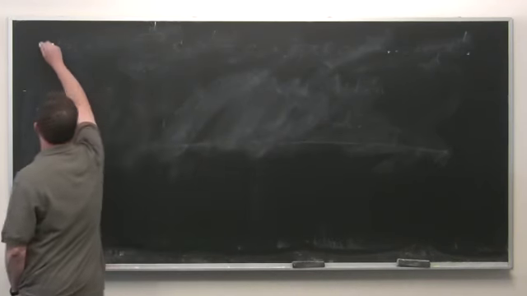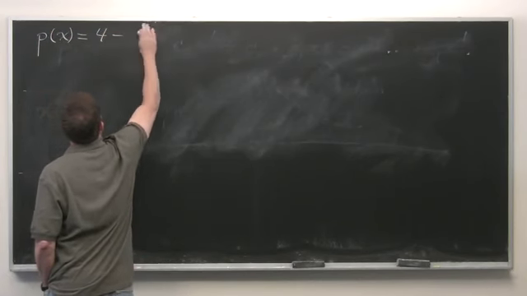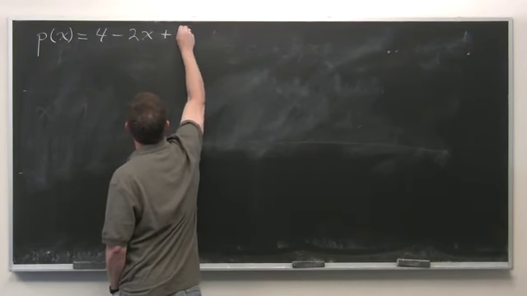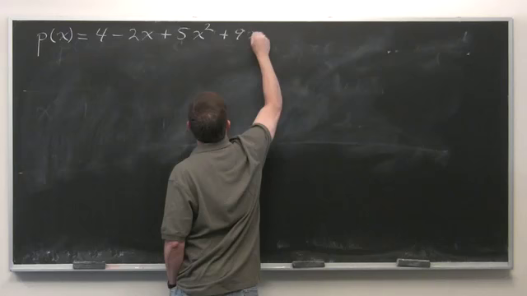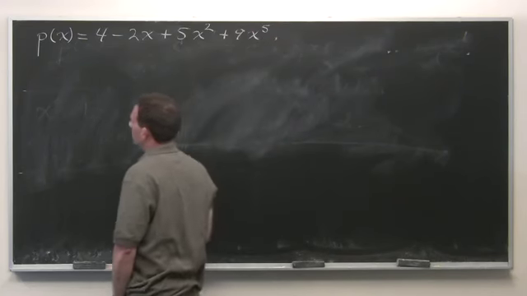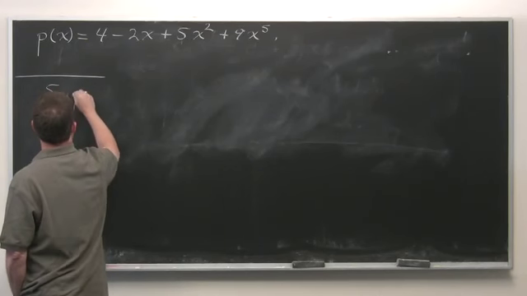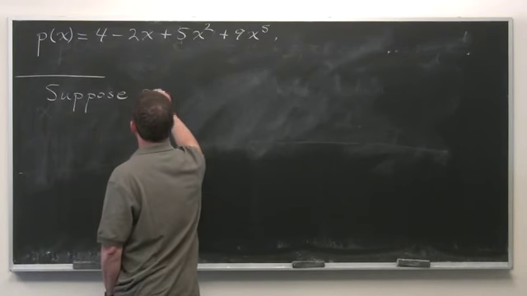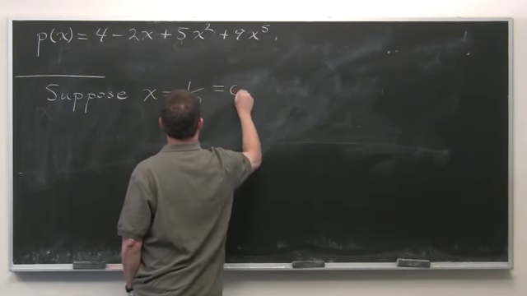So I'll rewrite p of x again. P of x is 4 minus 2x plus 5x squared plus 9x to the fifth. So let's plug in some numbers, something that's easy to raise to powers. So I'll suppose x equals a tenth, so 0.1.